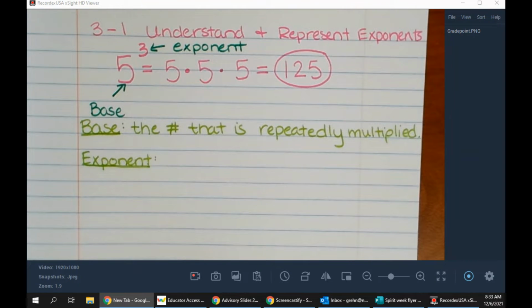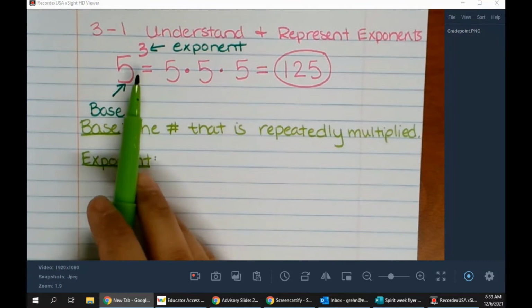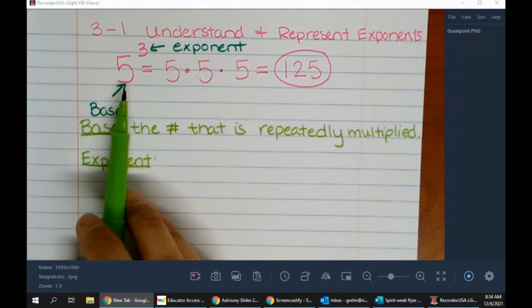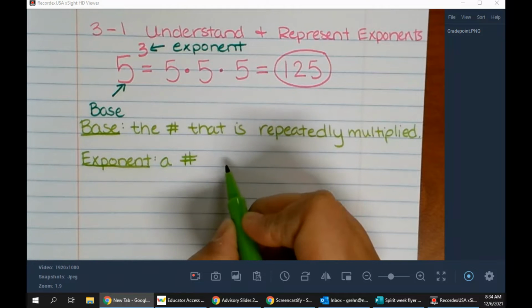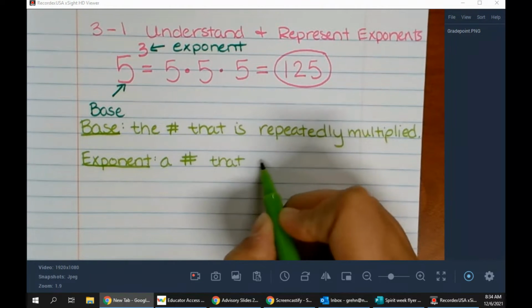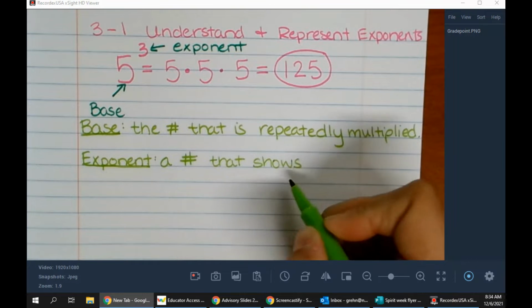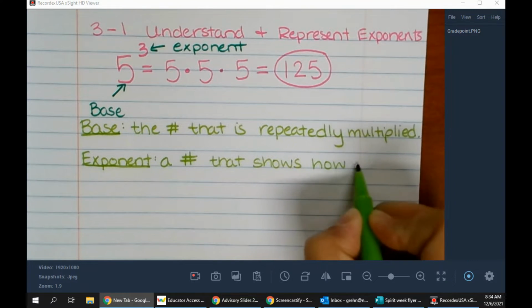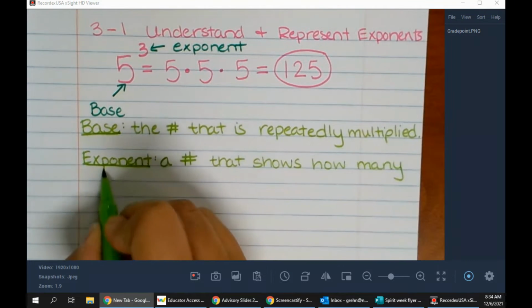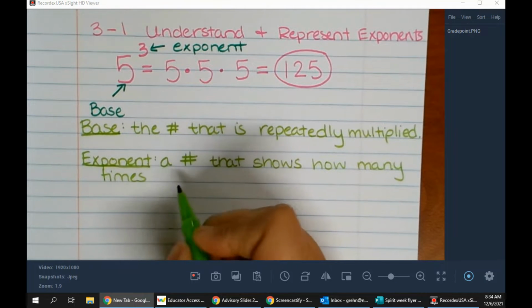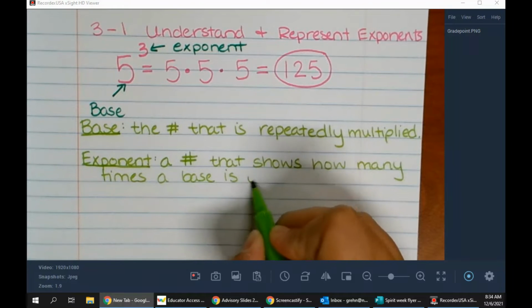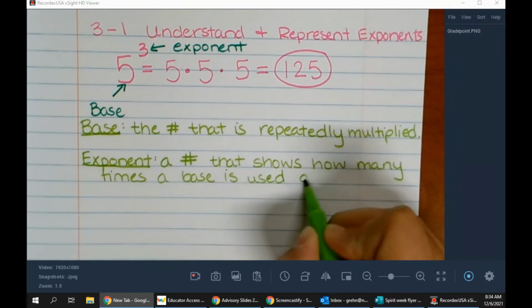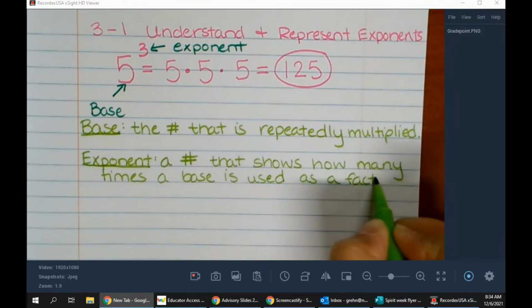And the exponent is a number that shows how many times a base is used as a factor. So here the 3 told us that we're going to use 5 as a factor 3 times. So it's a number that shows how many times a base is used as a factor.